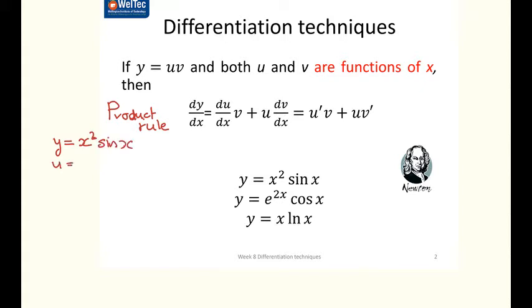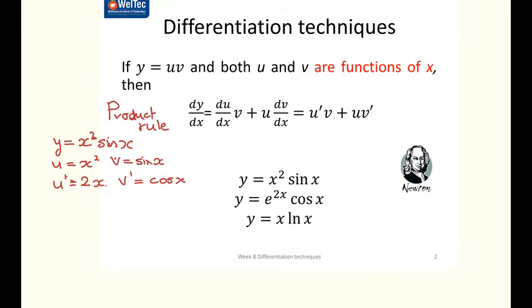So u is equal to x squared. v is equal to sine x. So u dash is 2x and v dash is cos x.